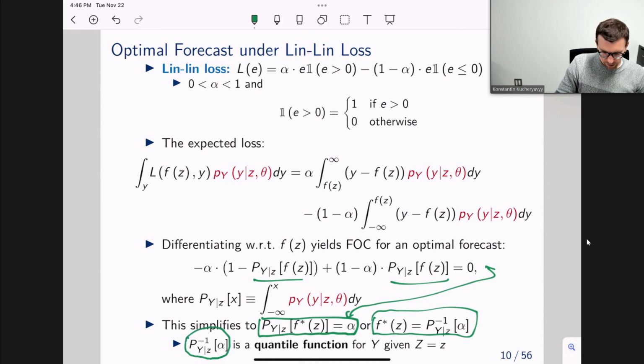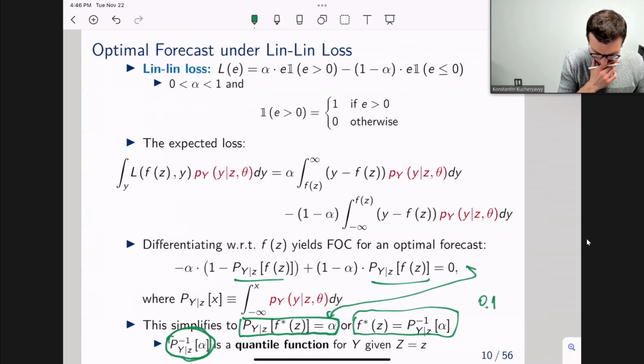So alpha is the quantile, like 0.1 would mean the 0.1 quantile. And then this is the value of the distribution at the 0.1 quantile, or alpha's quantile.